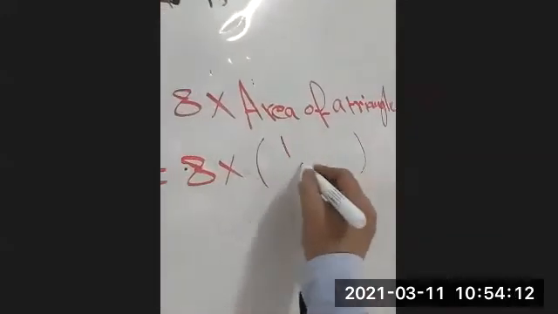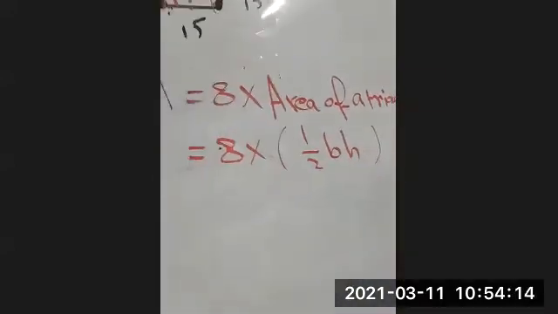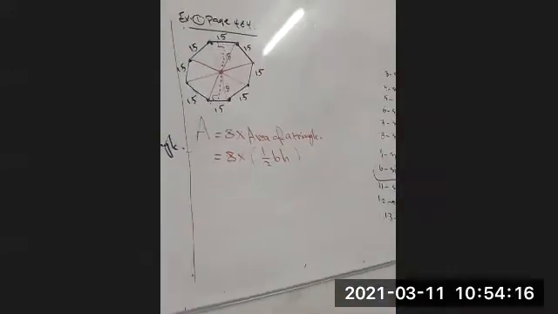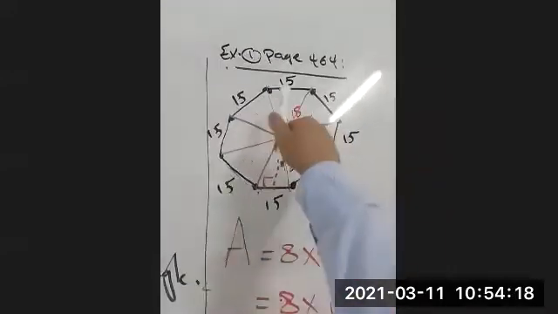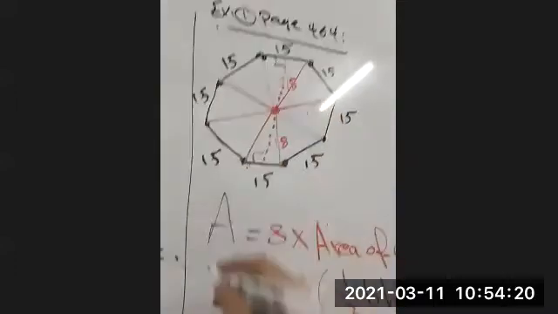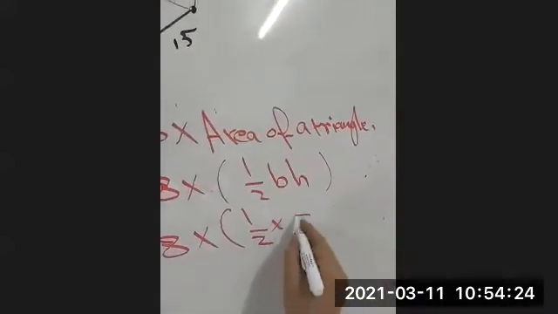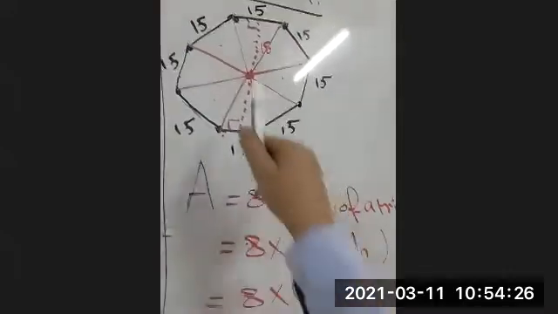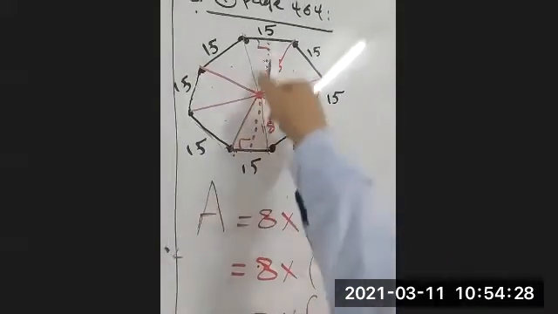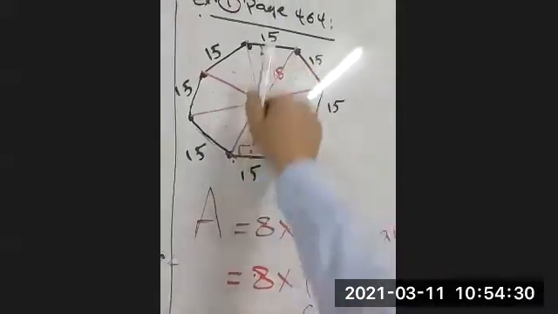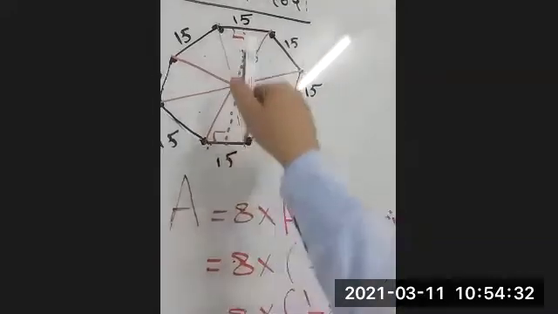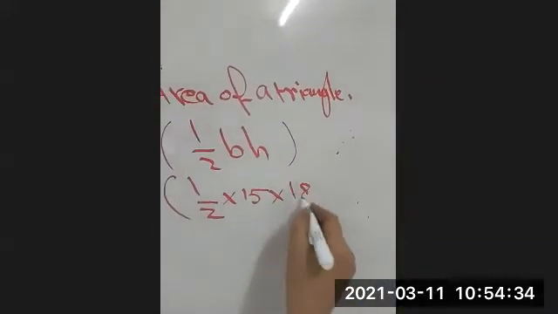Half BH, the formula which we did. Now replace B by the base side given, which is how much? 15. Replace height by the height which we split. It was 36 the whole, it's 18, so the height is how much? 18.